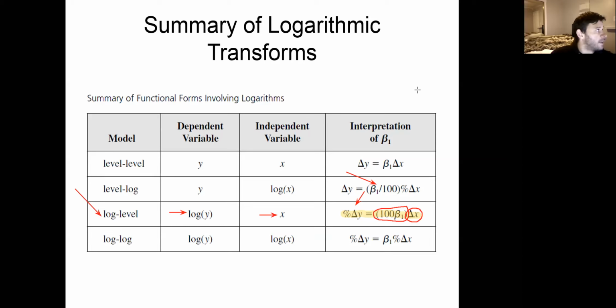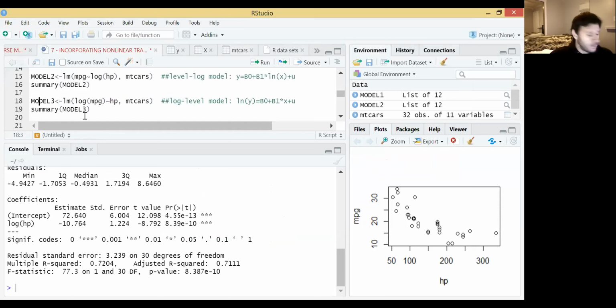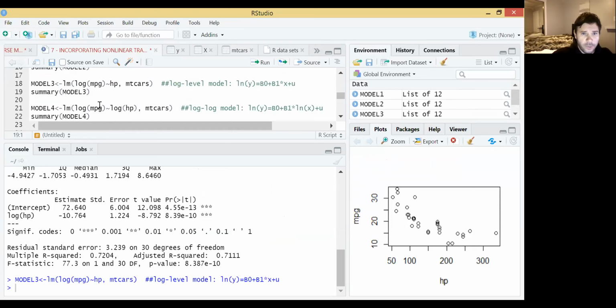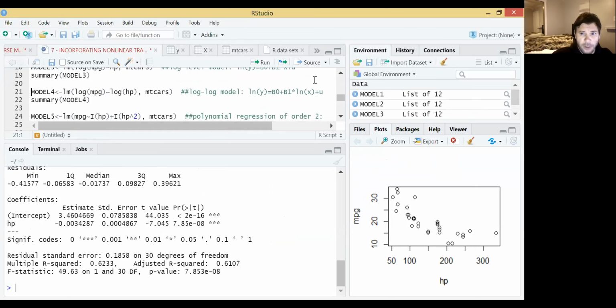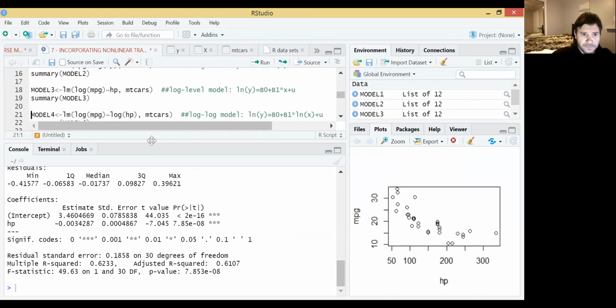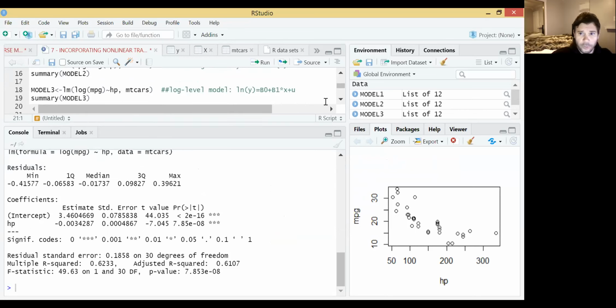So let's go ahead and jump back to our R code here, and we are going to run our Model 3. We will again take a look at the summary output from Model 3. Give us a little bit more room to look here.